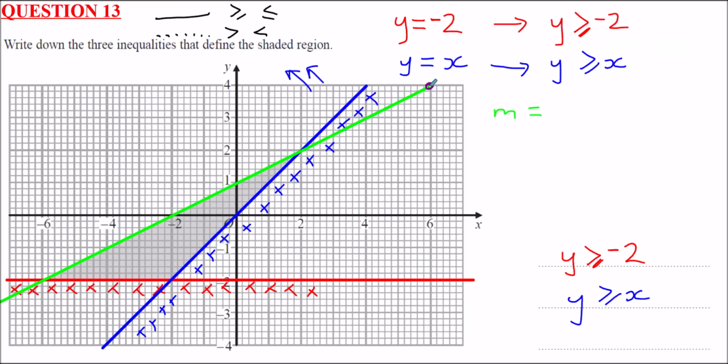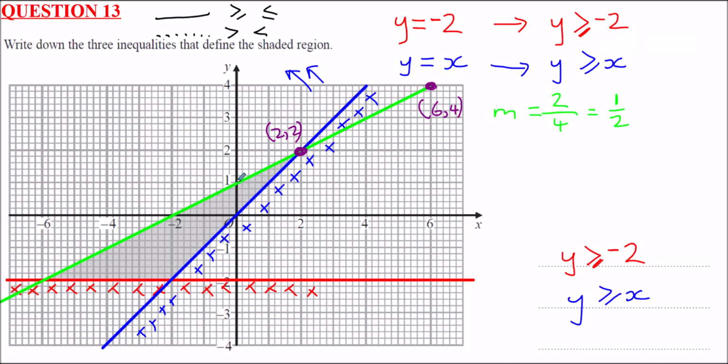So if I take this point here, that's 6 and 4, and I could also take this point here, which is 2 along and 2 up. Then for this green line, the gradient is the change in y between these 2 points. So it's gone up from 2 to 4. It's gone up by 2, divided by the change in x. So x has gone from 2 up to 6. X has increased by 4. So the gradient of this one is therefore a half.